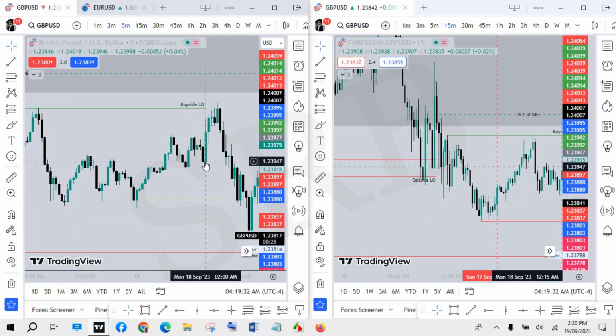This is 2 a.m. The market starts trending and attacks this buy side liquidity.